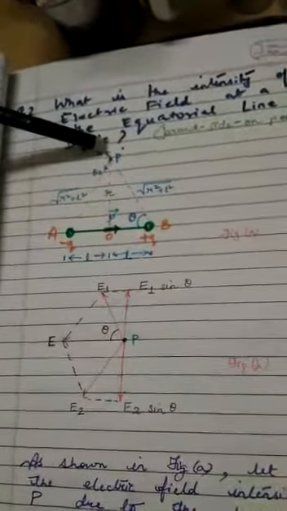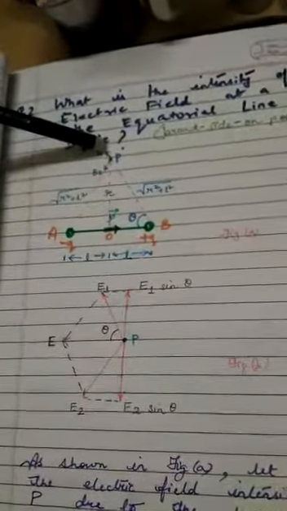What is the distance between plus q and P? We are using Pythagoras theorem here. If from the midpoint of the dipole to the point P the distance is small r, then this is already L from the midpoint to the charge plus q. So what is the hypotenuse? Root over r square plus L square. Similarly, this side also. This is L, this is r.